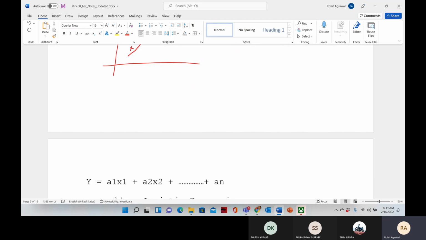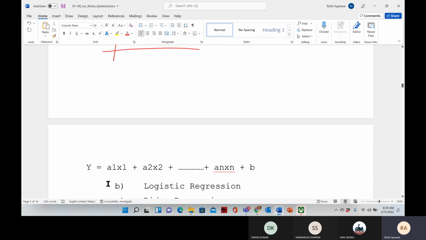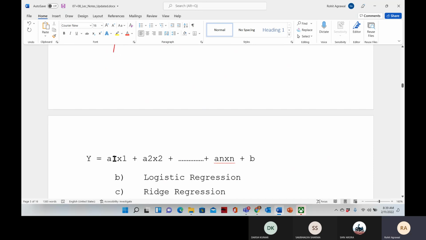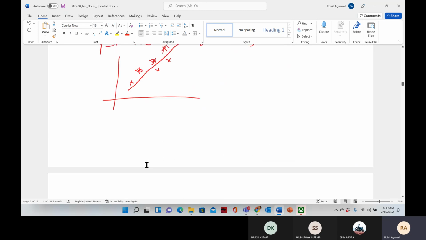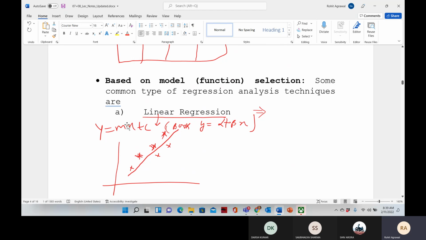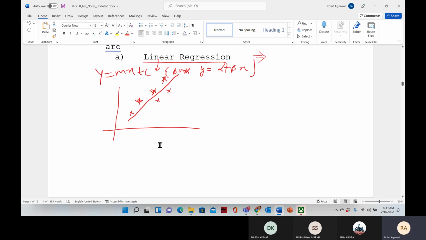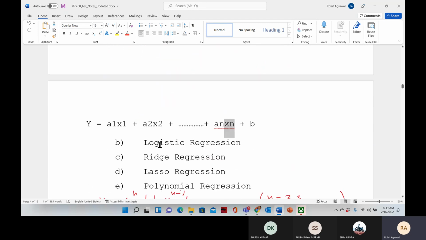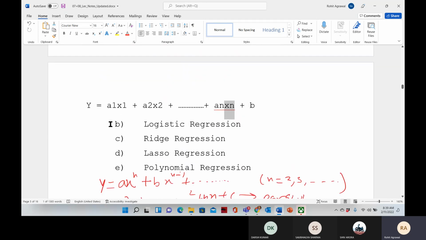This is for linear regression only. But I gave you the example for only one feature, y equals mx plus c, because we can visualize it; it is a line. For two features, it will be 3D, so it will be a plane. For more features, it is difficult to visualize.